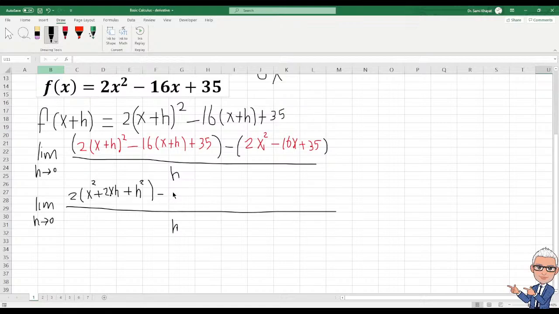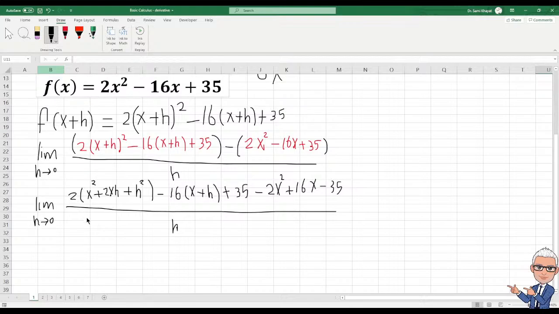Minus 16 times x plus h, plus 35. This one is multiplied by negative to be minus 2x squared plus, because this negative is negative, plus 16x minus 35. Let's simplify it again.